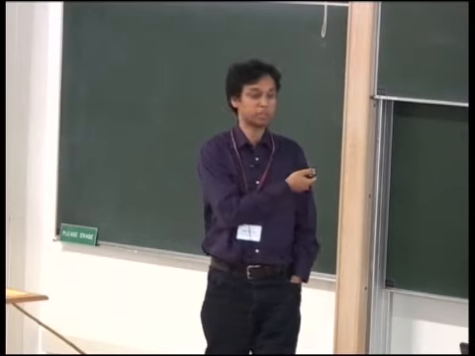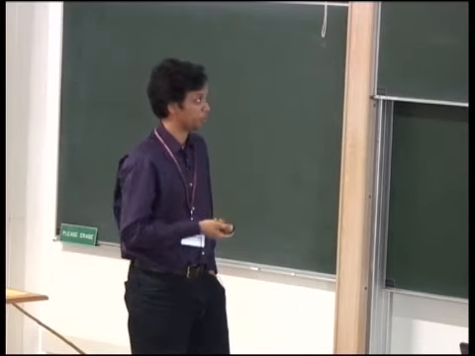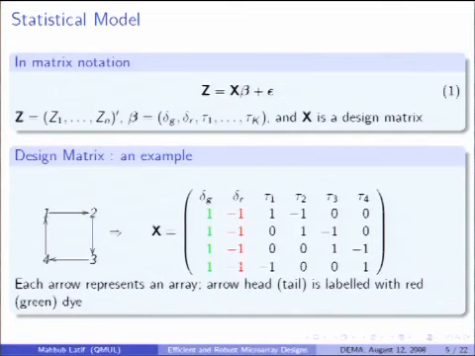So we follow this notation. And corresponding to this design, the design matrix would be like this. Say array 1 to 2 corresponds to the first row of the design matrix, and array 2 to 3 corresponds to the second row of the design matrix, and so on.